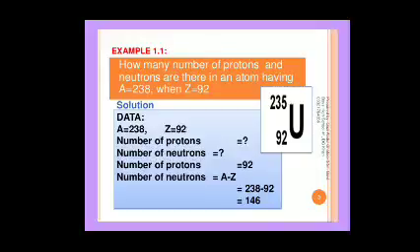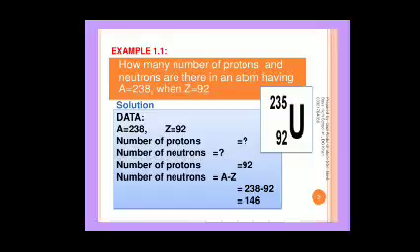Here is another example: calculation of the number of neutrons present in uranium. How many protons and neutrons are there in an atom having mass number A equal to 238 when Z is equal to 92? Uranium 92, 238.